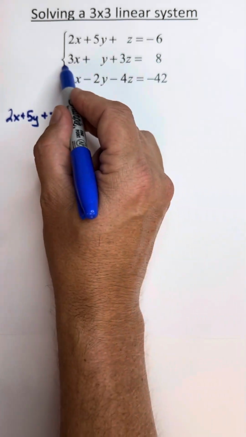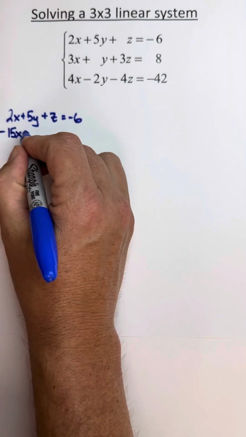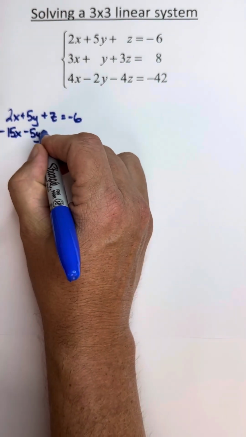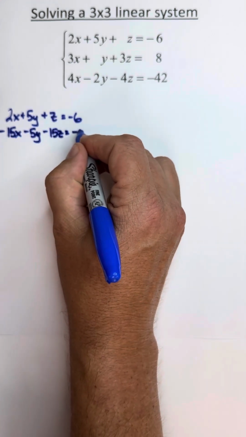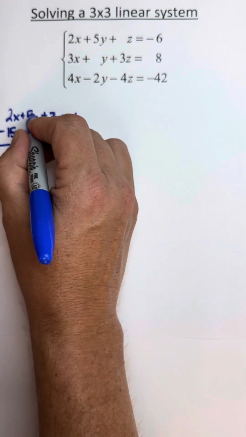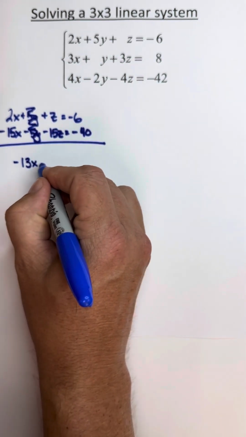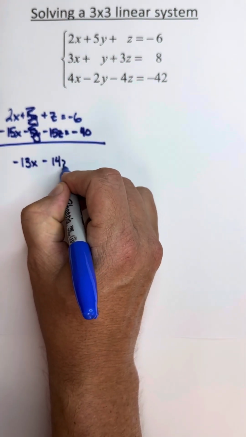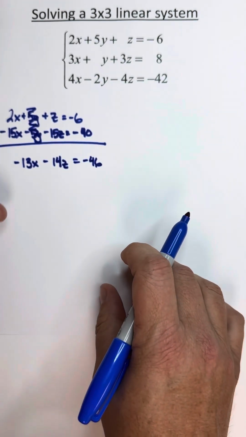So I'm going to multiply the whole thing by -5 to give -15x minus 5y minus 15z equals -40. Now if we add these together, the y's cancel out, so we get -13x minus 14z equals -46.